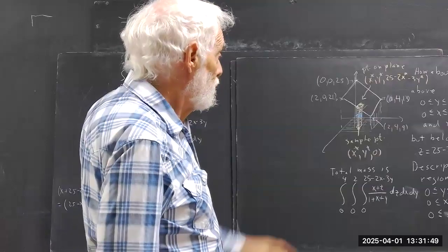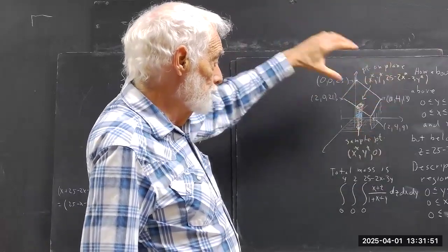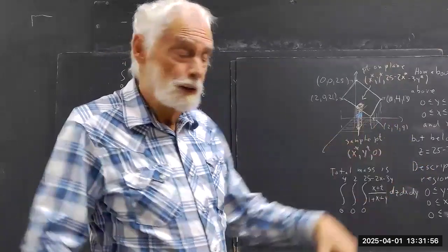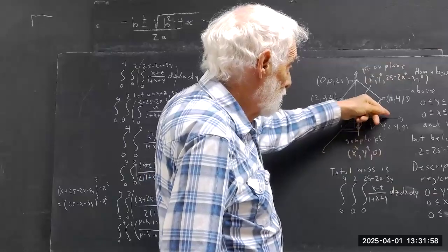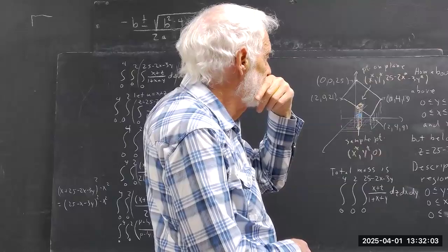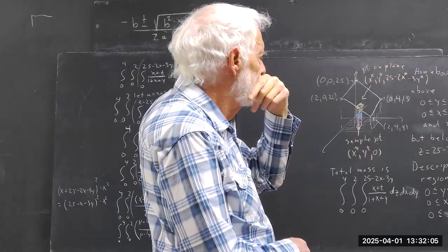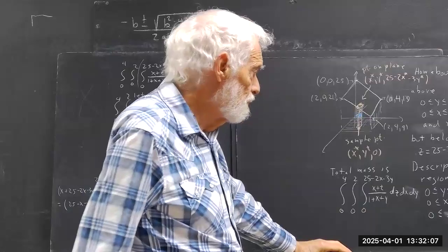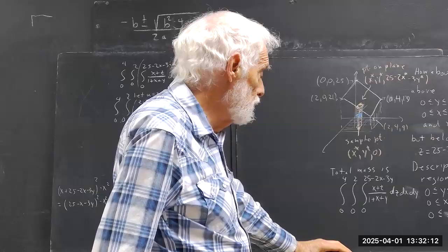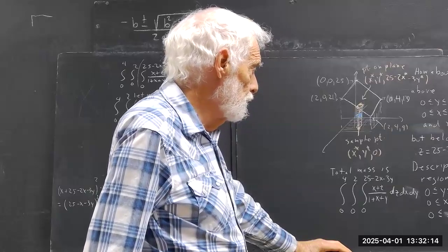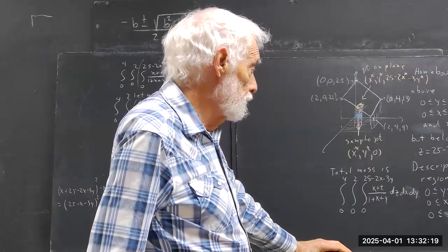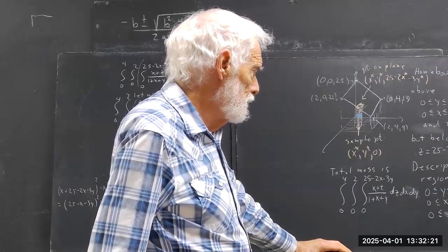So let's say the sphere was x squared plus y squared plus z squared equals 64. That would be a sphere of radius 8, and it would come out far enough to contain this. You wouldn't need a radius of 8, though. 4 squared plus 2 squared is 20, and the square root of 20 is 2 square root of 5.